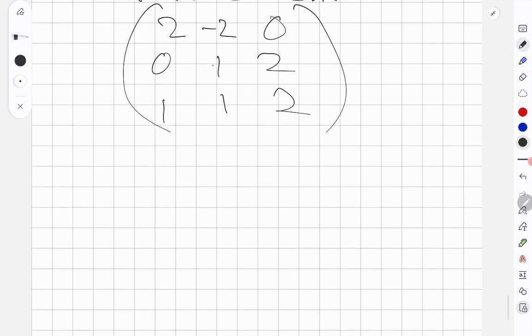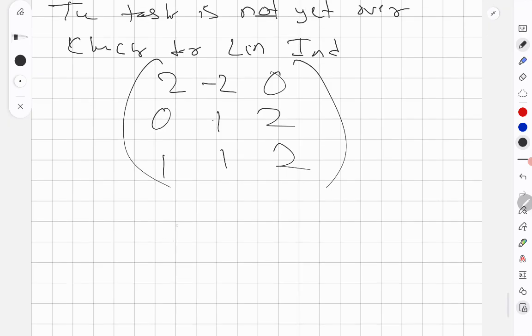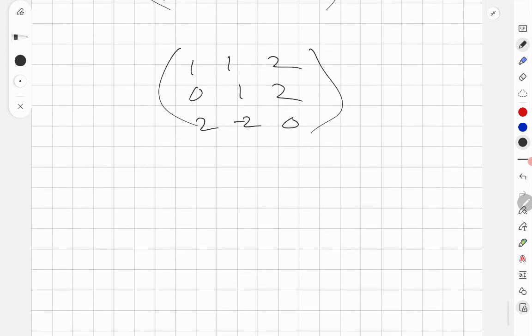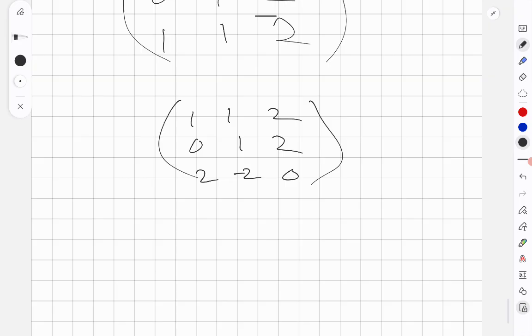Correct? Then I always have this question. When it comes to these bases, why do we write them in rows, but in the other situation we write them in columns? Our Jacob wrote in columns. What's the difference?